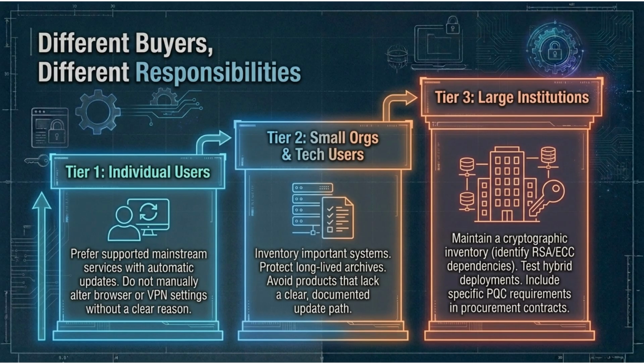Finally, Tier 3 represents large institutions. They have the heaviest responsibilities, which include maintaining a comprehensive cryptographic inventory, identifying dependencies on legacy systems like RSA and elliptic curve cryptography, testing hybrid deployments, and integrating post-quantum requirements directly into procurement contracts.